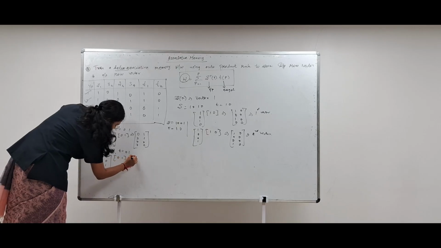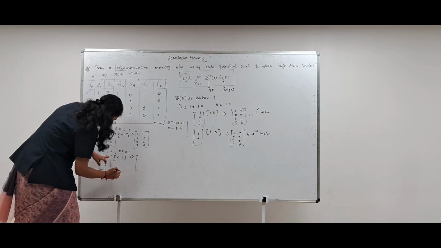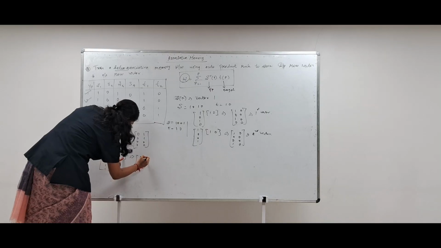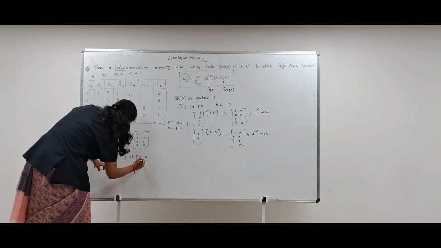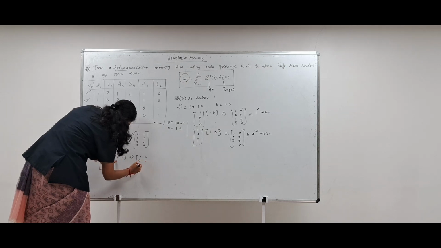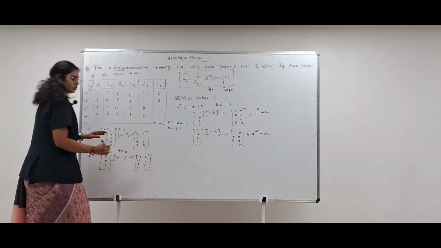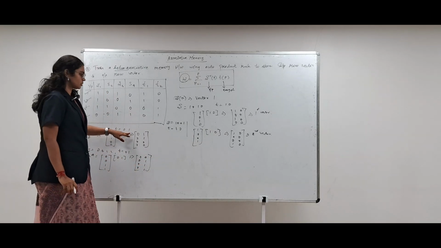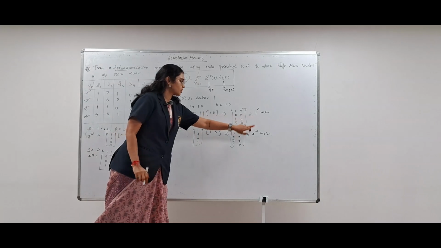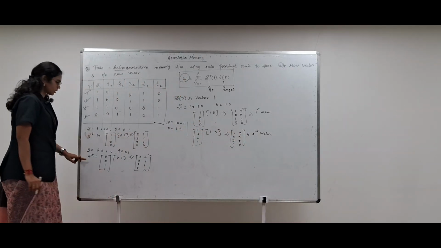The answer will be 0 into 0 is 0, 0 into 1 is 0, 0 into 0 is 0, 0 into 1 is 0, 1 into 0 is 0, 1 into 1 is 1, 1 into 0 is 0, 1 into 1 is 1. So we got the answer for the first vector, second vector, third vector and fourth vector.